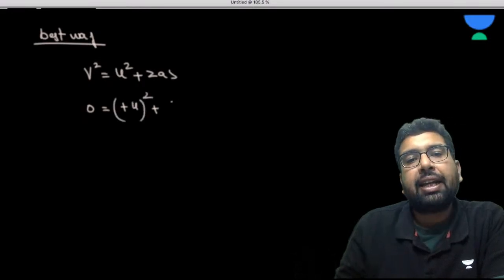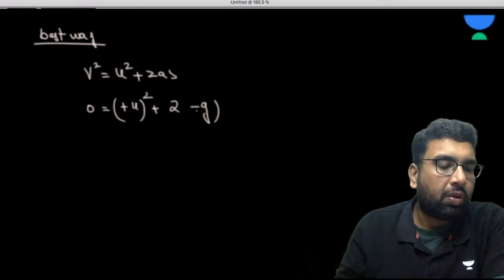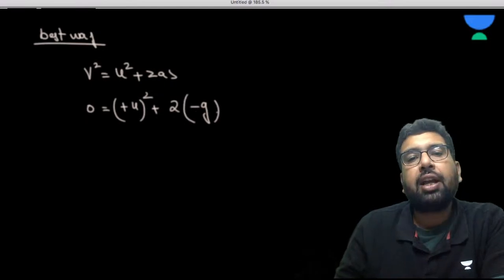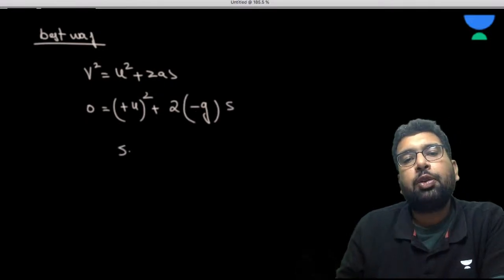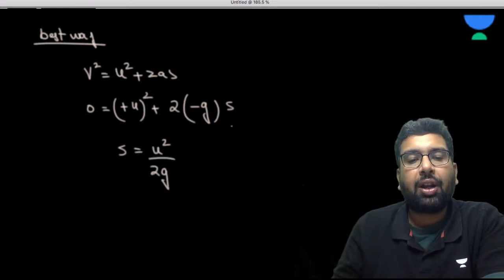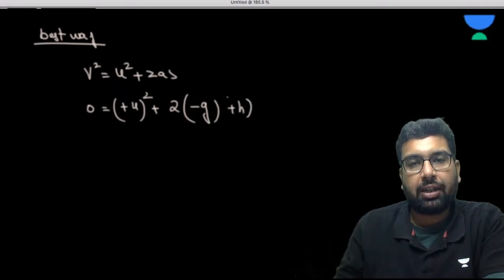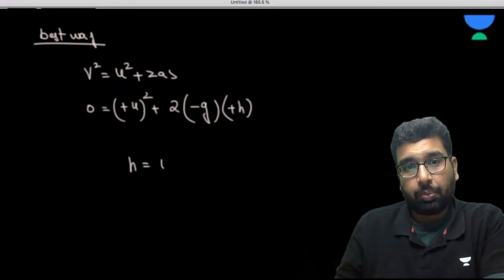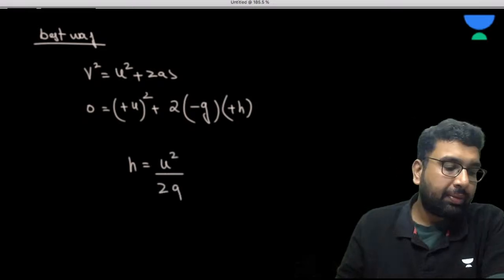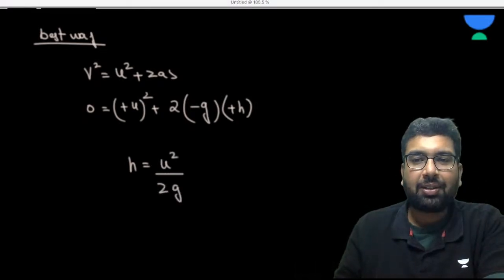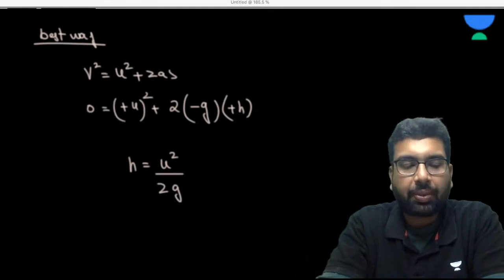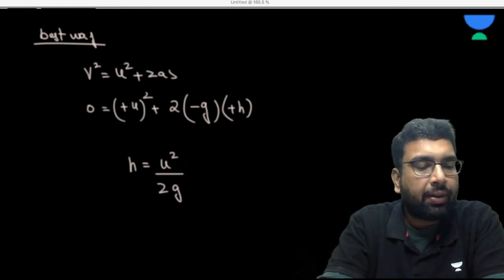Then the a, g is always downwards, so it is minus g, and this is displacement s. So from here, s is going to be u square by 2g, or we'll write h. So h is upwards, so we'll write plus h. So h is going to be u square by 2g. Did you get it or not? Just in a blink of an eye you can do it. What was the mistake that you were making here?